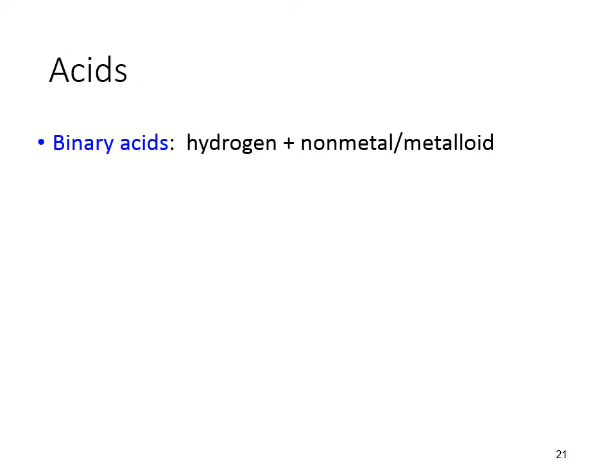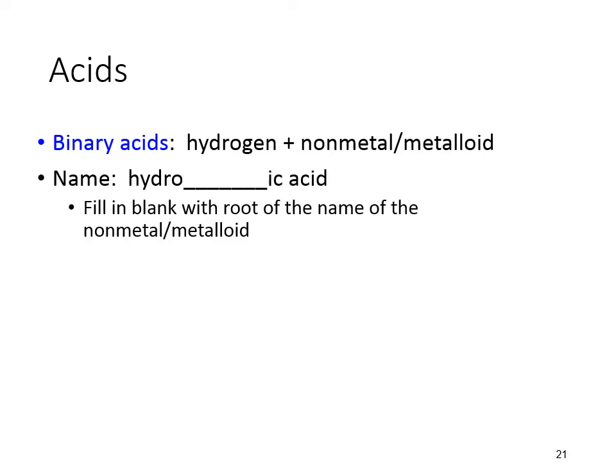But when you name an acid, the way you name the acid depends on what the hydrogen is being paired up with. So the basic scheme for a binary acid, when you have hydrogen paired up with a nonmetal or a metalloid. Remember, a nonmetal or a metalloid, as the second element in a compound, is usually named with an ide suffix. So when you have a binary acid like that, you're going to take the prefix hydro and the suffix ic, and in between you're going to put the root name of that nonmetal or metalloid that's in the acid.